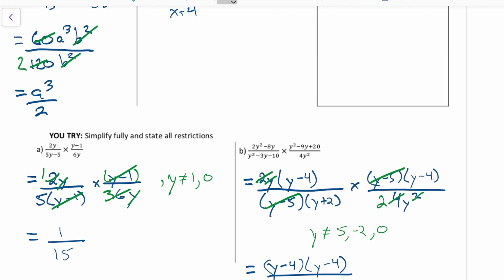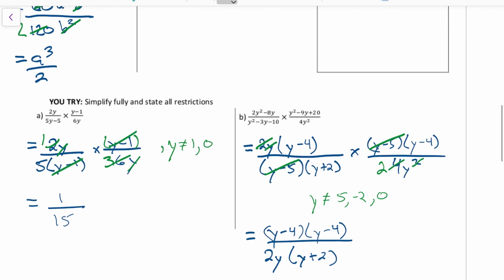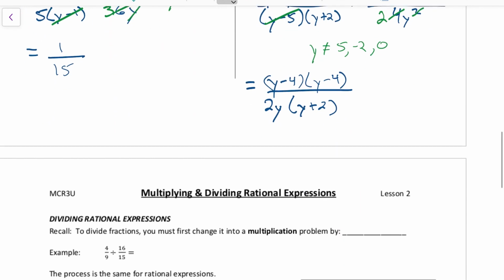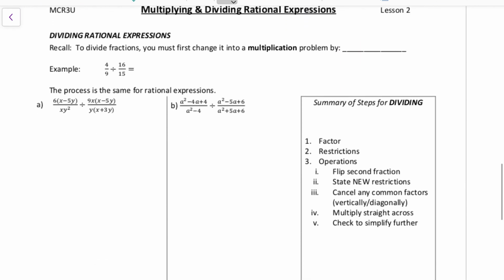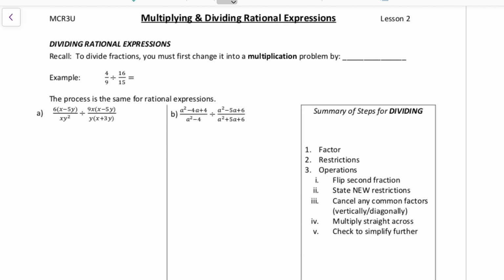And so in the bottom here, we got 2y, which I'm going to write first, times y plus 2. You could write it the opposite way, but generally, if there's just a single y, we put it in front. And now I would look to see if there's anything common, if I missed anything, and it doesn't look like it, so we're good.